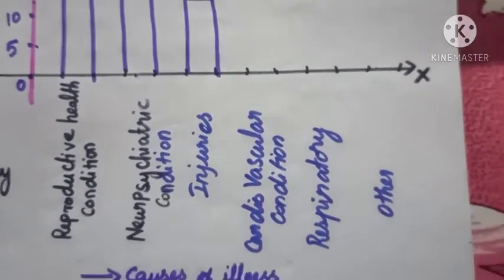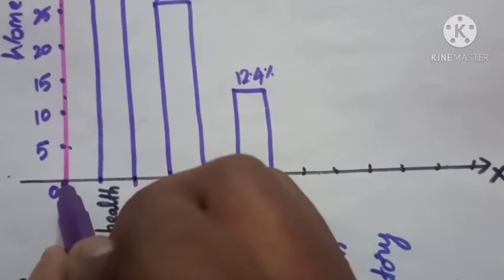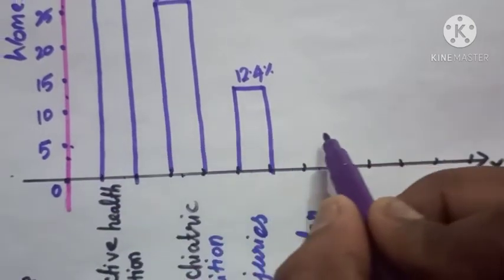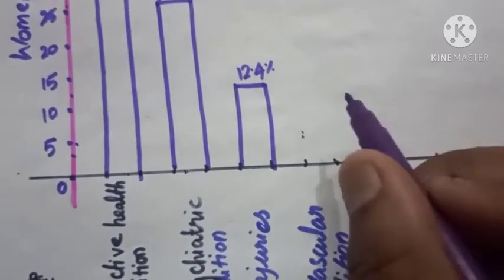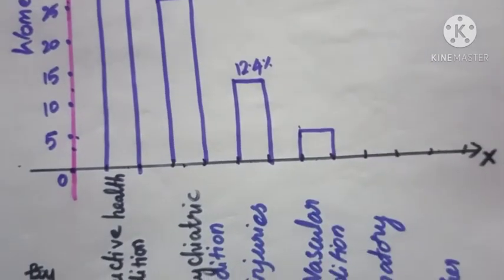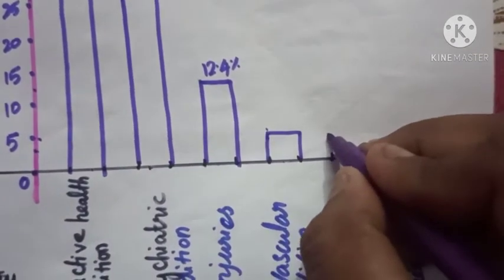Next, the cardiovascular condition, which is 4.3. So 4.3 means 0, 1, 2, 3, 4, like that, 4.3 here. So I take it up to this. This is 4.3. And next, the respiratory problem is 4.1, so it's below 4.3.